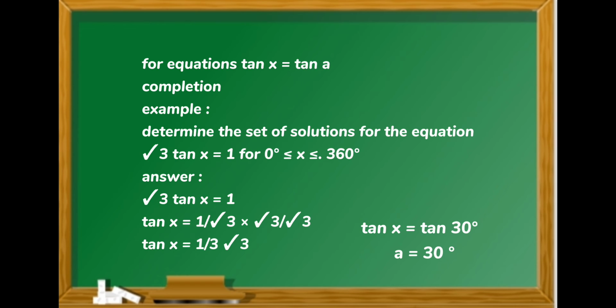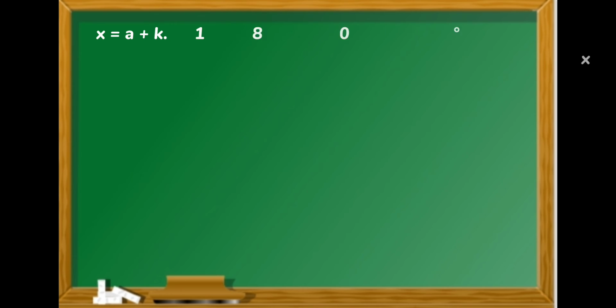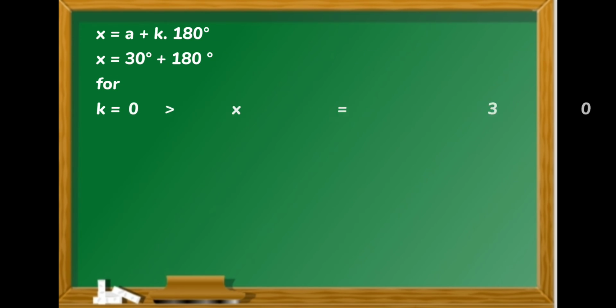So we divide by root 3, then x equals 1, we get tan x equals 1 over root 3.